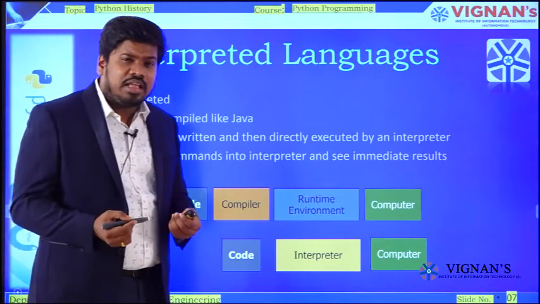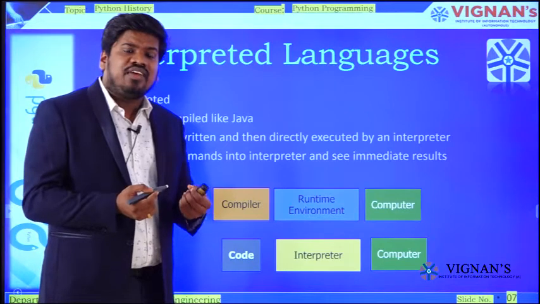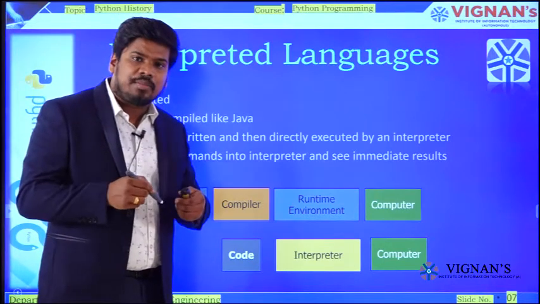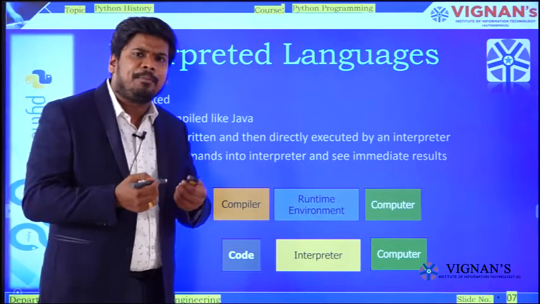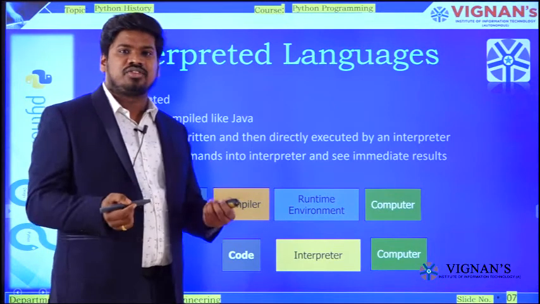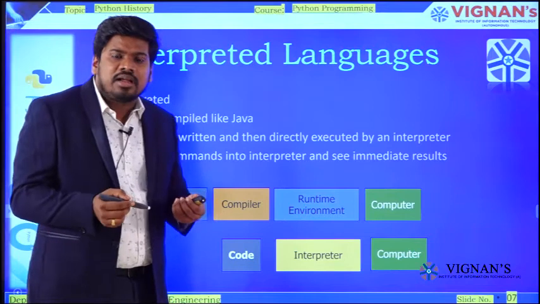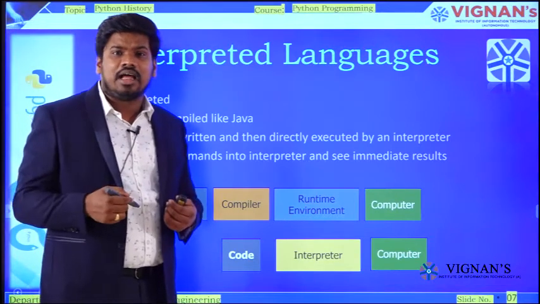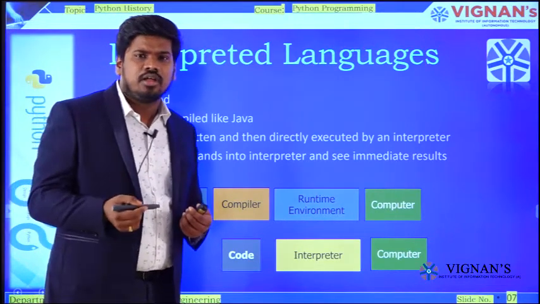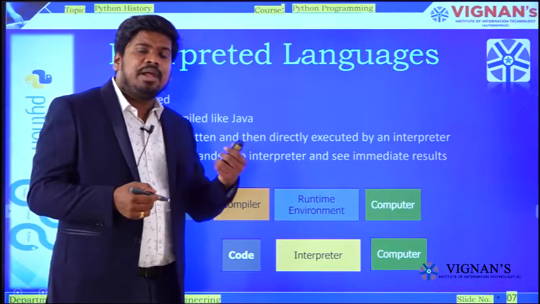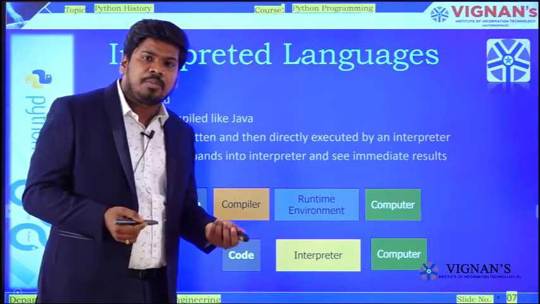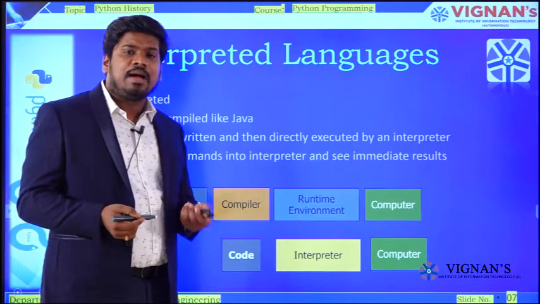For example, if I abruptly stop my C program in between and compile it, the compiler will give me errors. That means in between I cannot check each and every line of my C program. Why? Because it is procedural programming, which is a compiled language.